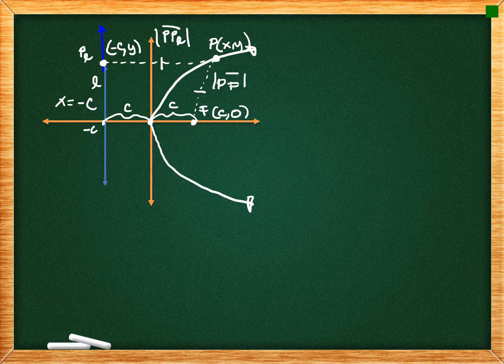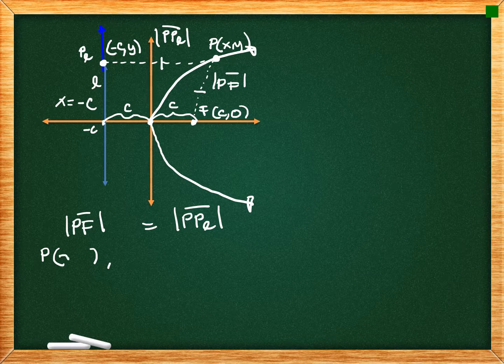Okay, and from that, based on the definition of a parabola, the distance from P to F is equal to the distance from P to P sub L. Okay, so again, let's try to determine the coordinates first of these points, so it would be easier for us to work on this when we use the distance formula.